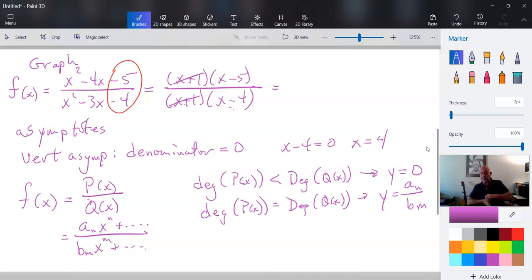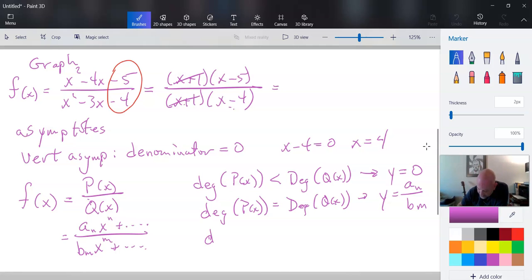Basically, if m is equal to n, then all you have to do is take the ratio of the leading coefficients.